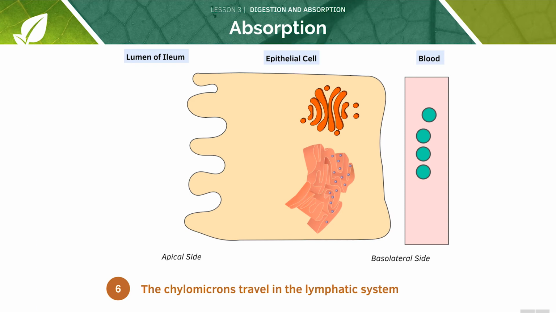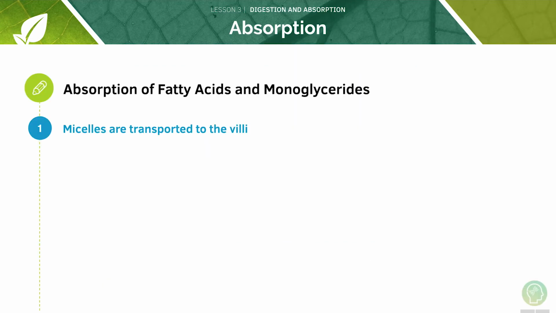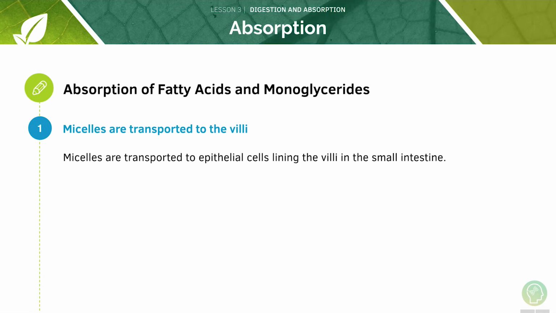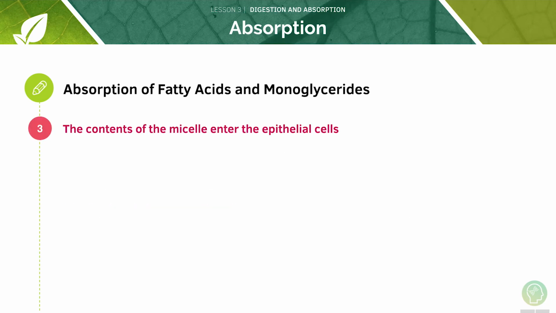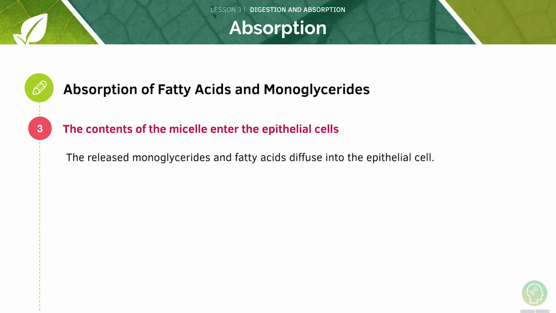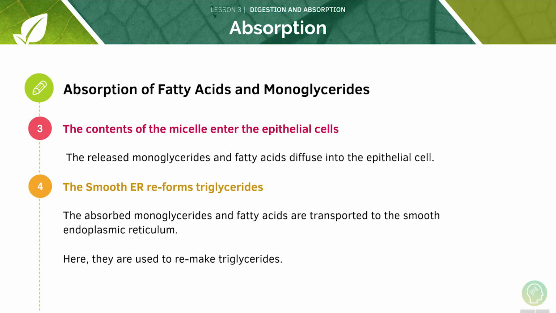So just to recap, the micelles are transported to the epithelial cells, and then they break down near the villi, which will release their contents. Next, the contents will enter the epithelial cells, and the released contents diffuse into them. The triglycerides are reformed by the smooth ER.